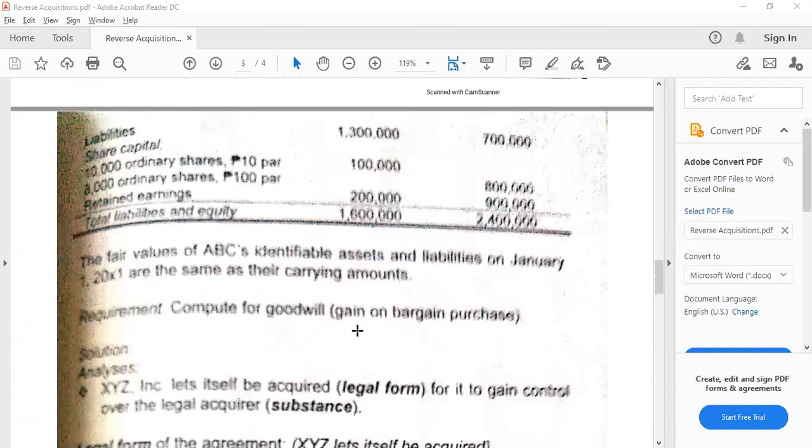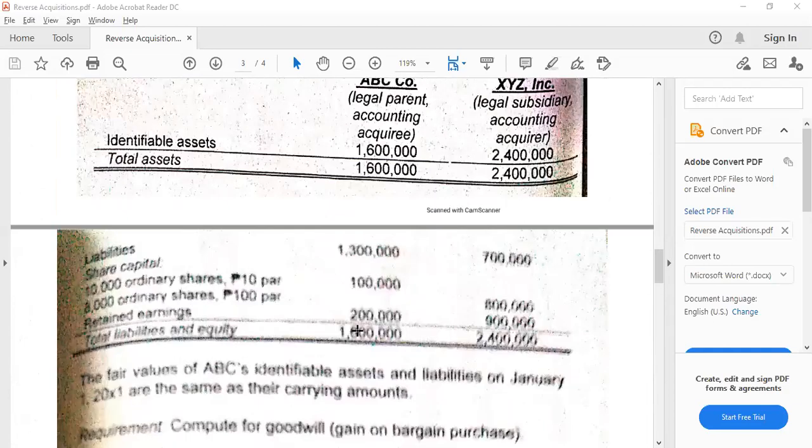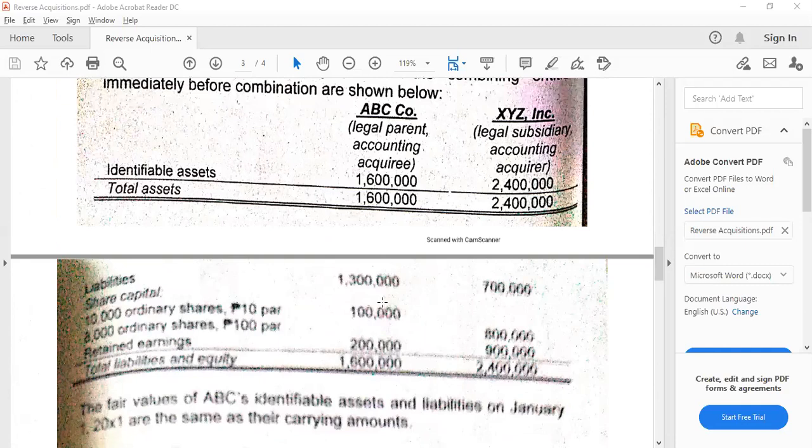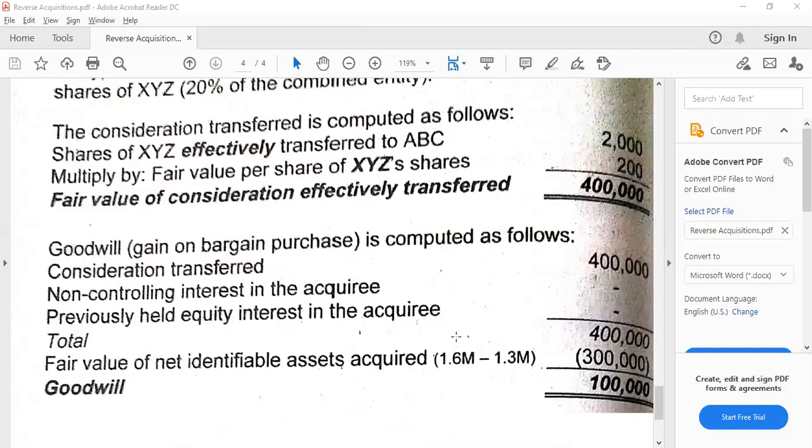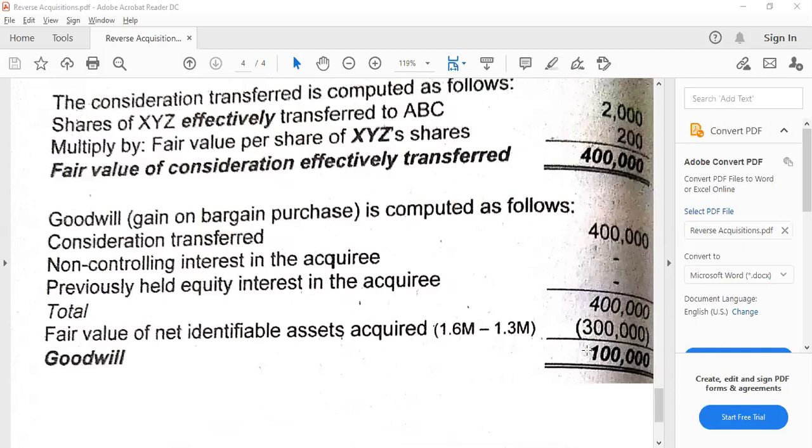Who is that? That is the accounting acquiree, the public entity, ABC company. So 1,600,000 minus liabilities of 1,300,000 equals 300,000 equity. And so we get goodwill of 100,000 pesos.